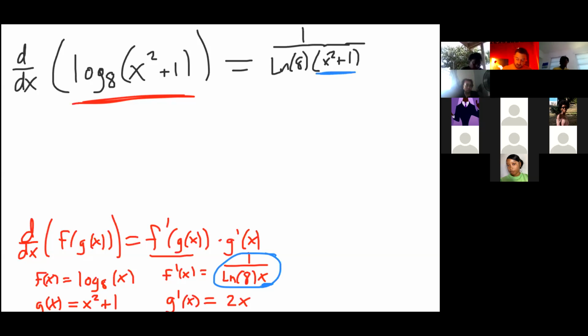But then I need to multiply by the derivative of my inner function, the derivative of x squared plus 1, which is my 2x. And if we just clean this up a little bit, this will be 2x divided by natural log of 8 times x squared plus 1.